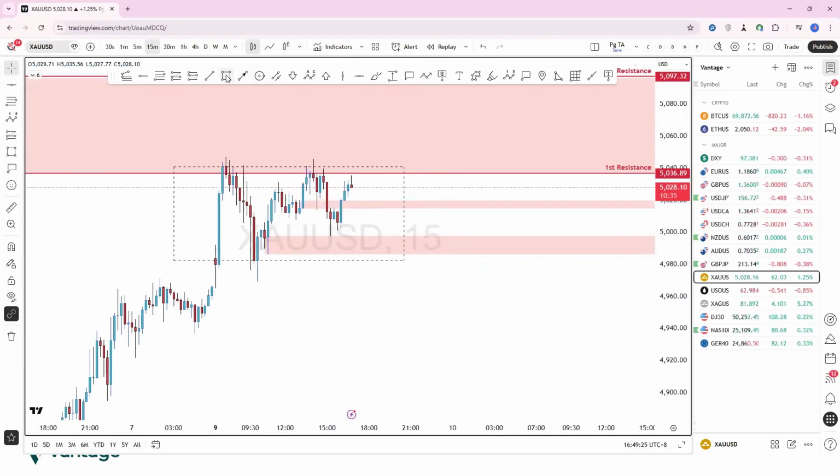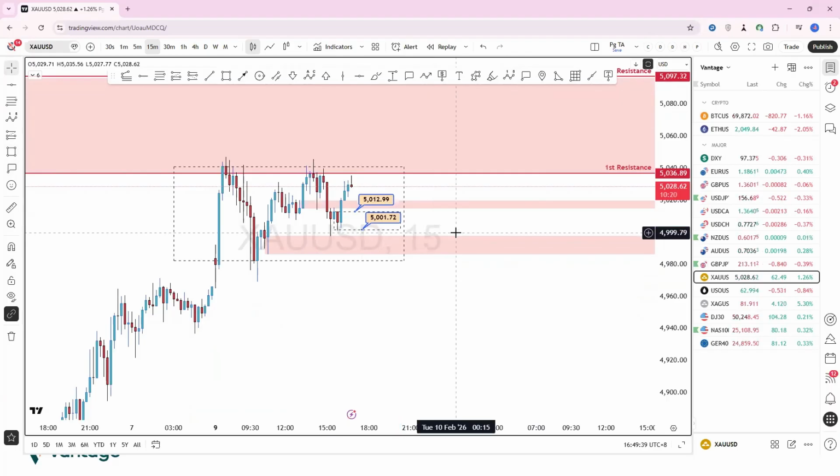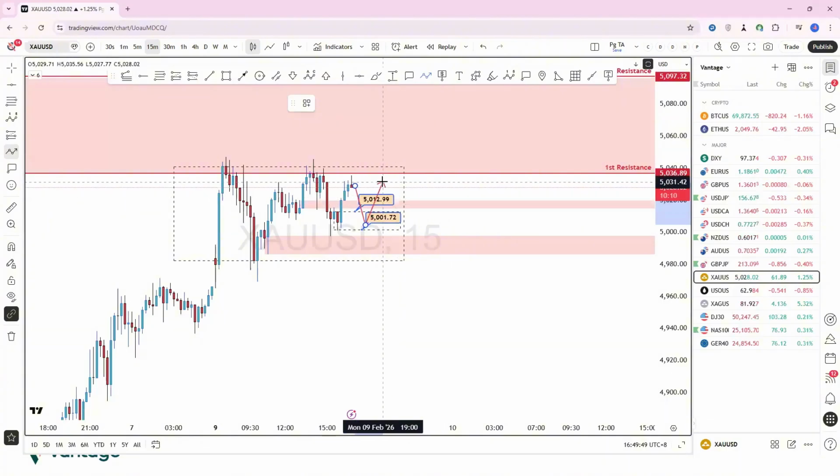So I think if you want to buy, there's a zone for you to buy, 5,010 to 5,012. Okay, so basically if they come back again, you may buy, TP at the swing high or at 50.30.